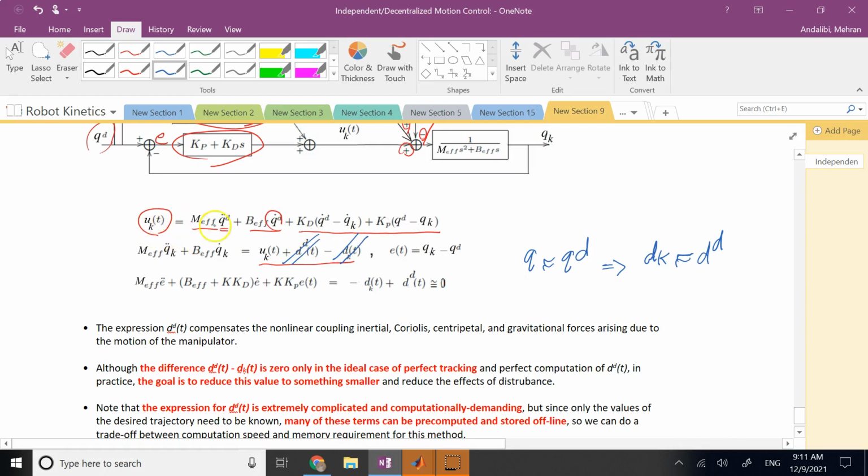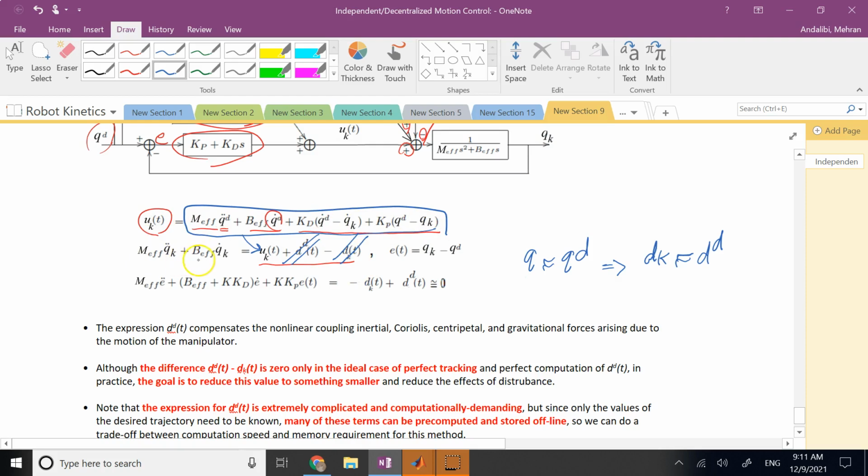So if you replace the same u that you have on the top here in this equation, then you will get m effective qk double dot plus b effective qk dot equals m effective qd double dot plus b effective qd dot plus the kd error dot and kp error.